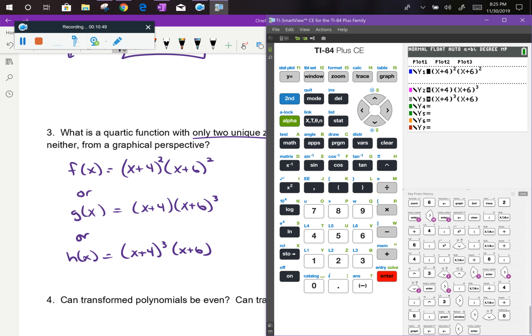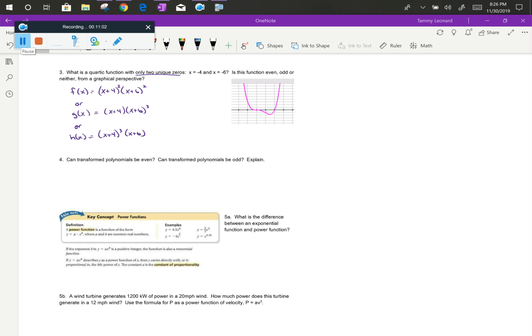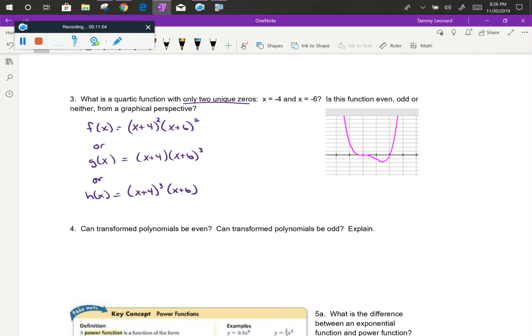I'm going to turn off all but the pink one so we can just focus on one of them. And then I'm going to snip that and put that image right into our graph so that we can talk about it. Okay, notice when we take a look at this one, this has the wiggle at -6 and the crossing at -4.